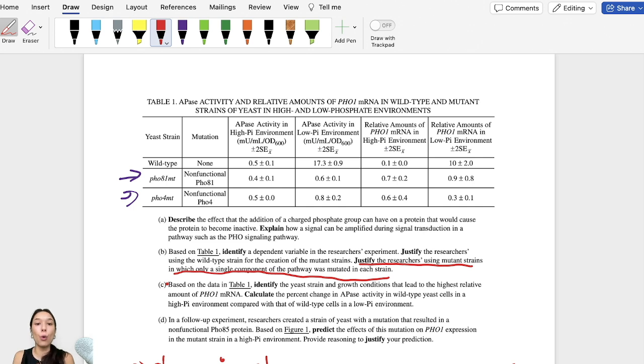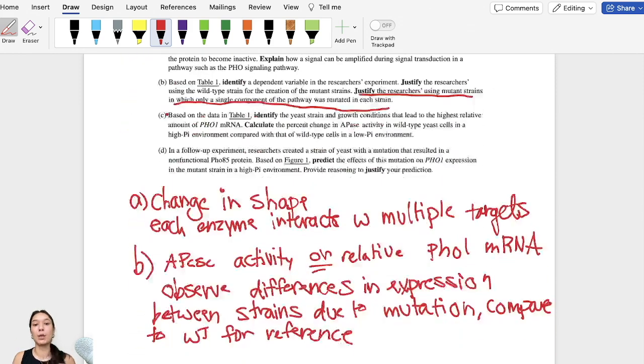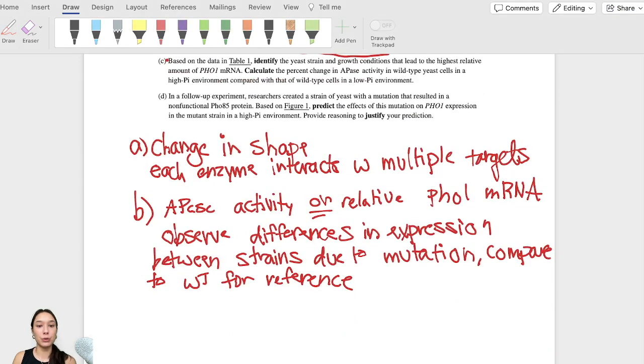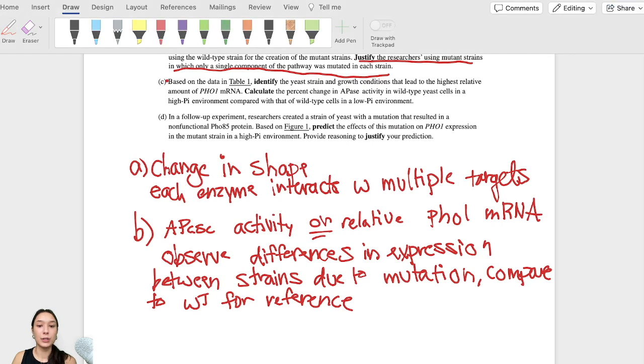When you do these, you only ever want to change one variable, because then whatever happens in your dependent variable in your results is a direct response to the one thing that you changed, right? So the reason you're going to want to do this is you want to be able to test the mutations separately and determine what's responsible for what.